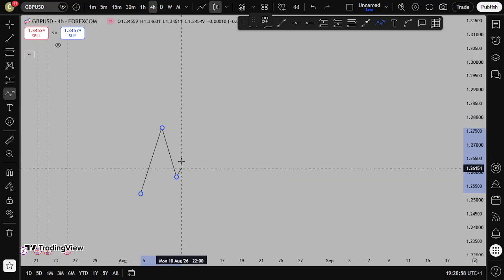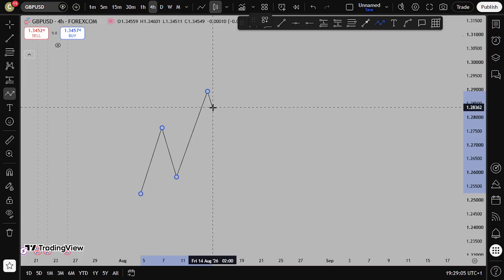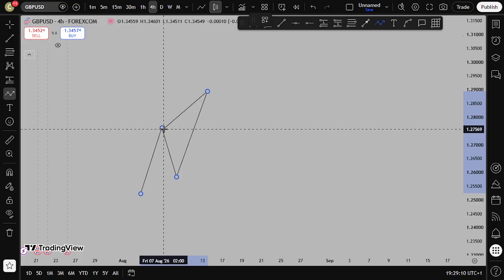Higher high, higher low. Price now breaks above this previous high. So now it confirms what? That the buyers remain in control.